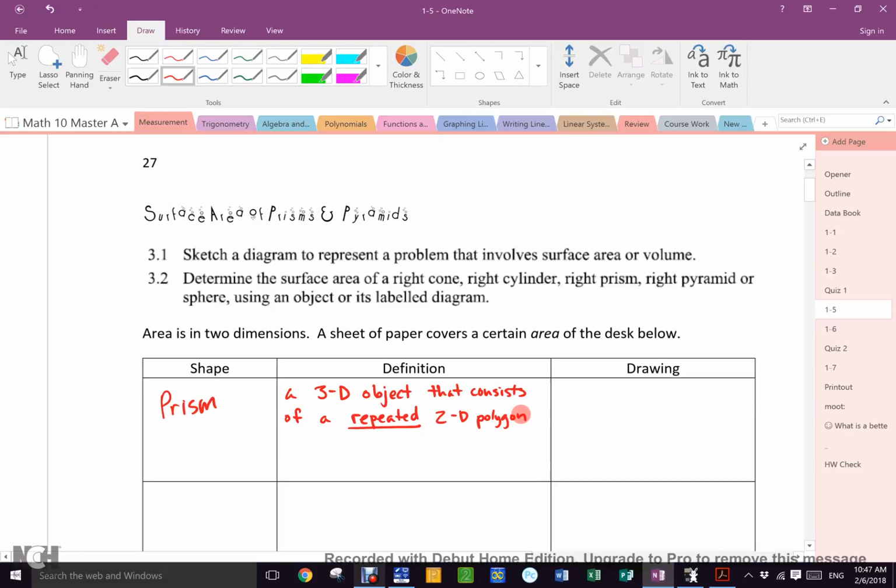What do I mean by that? Any shape I start with, if I repeat it over and over and over again, I build a prism.